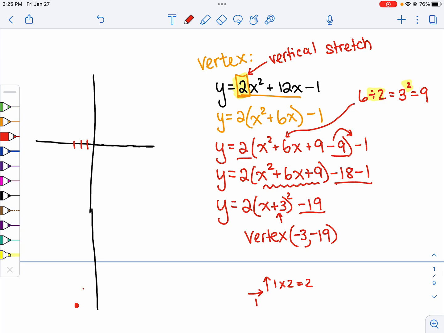So it's going to go over 1, up 2 spaces. And then normally I would go over 2, up 4 from my vertex. But now I'll have to multiply that by my stretch. So then I would end up going over 2, and then I would go up 8, so even higher up. And I'm just going to draw a rough sketch.